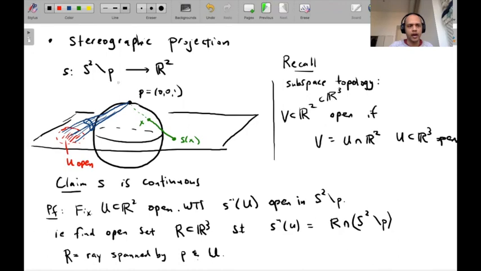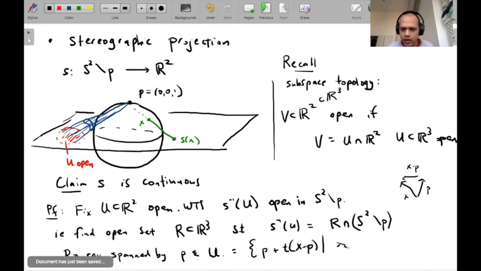Explicitly, we could write it as a set: it's P plus t times X minus P. I have to get the order right. Sorry, I forgot how this works. This vector from P to X is X minus P. Yes, okay, so it should be X minus P here.